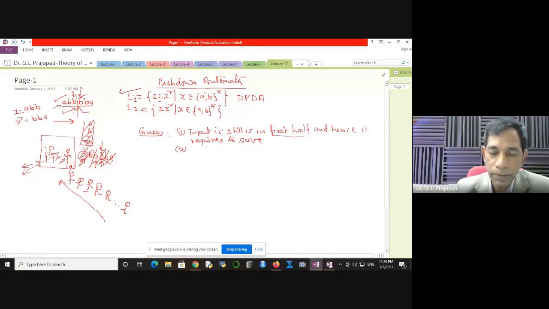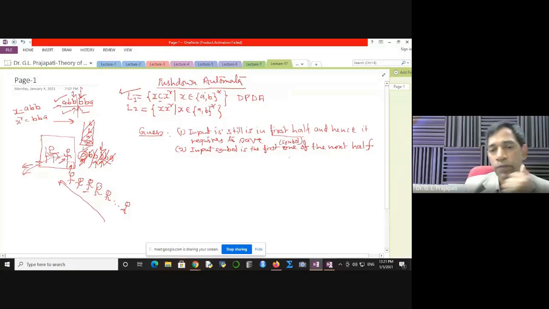The second possible guess is that the input symbol is the first one of the next half, meaning this is the first symbol. So it is the first symbol of the next half. What do you need to do? Then you don't require to consume the input.